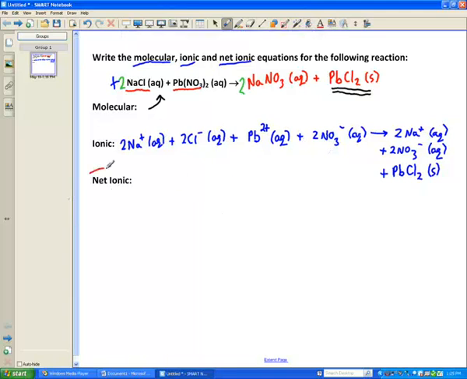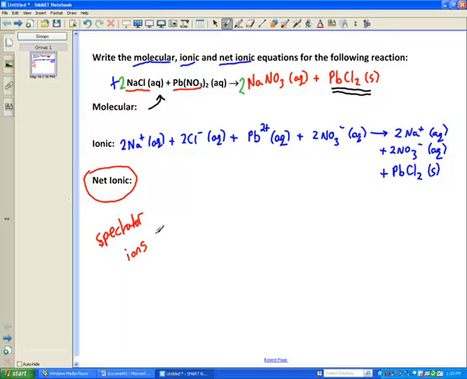Now when we get to the net ionic equation, what we're looking for is something called spectator ions. So when you go to a football game or soccer game, if any of you do, a basketball game or whatever, you can call yourself one of the spectators that sits in the audience and just watches what's happening.